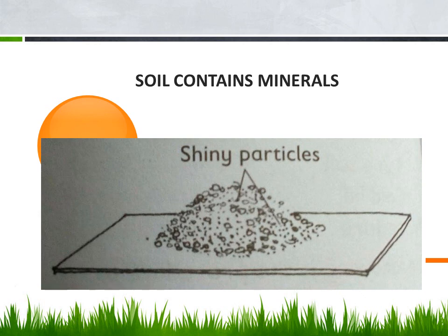Pupils, the shiny particles prove that soil contains minerals. If you look at my setup, I have a cardboard, I have sampled soil, you can see shiny particles, meaning that soil contains minerals.